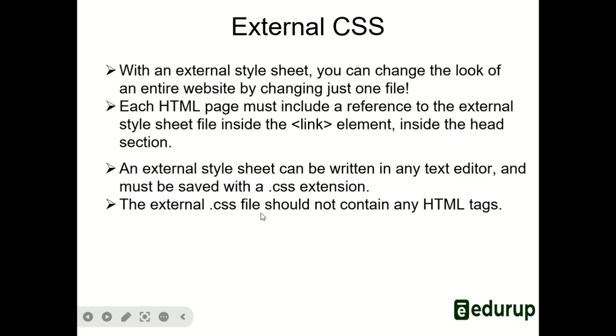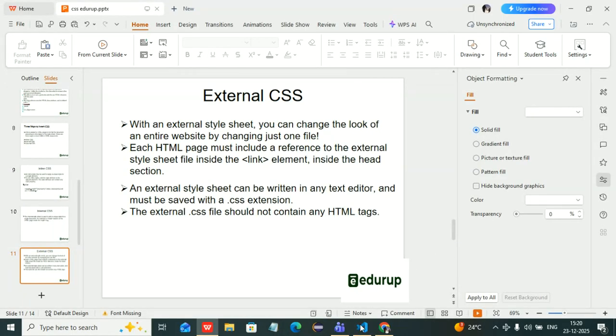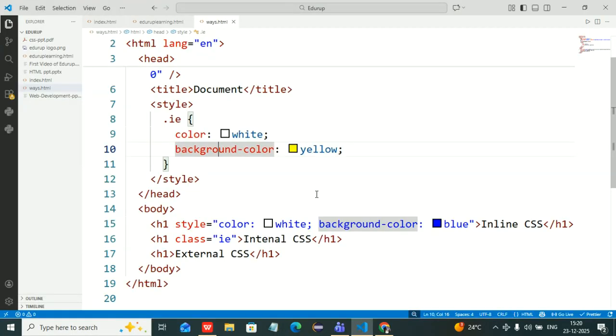The external .css file should not contain any HTML tags. Obviously, it is a completely pure .css file, which means there are no tags at all. HTML code we cannot write in the CSS file.